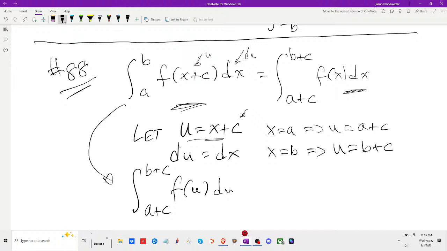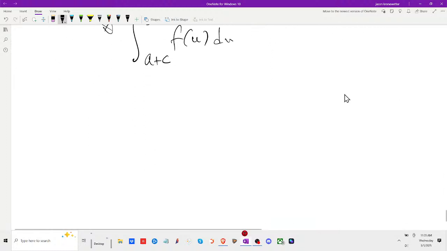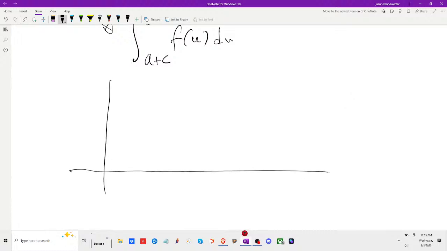Now we can draw the picture just to see what's going on here if you want to, a little bit, because it really just fell out real quickly. So we started off with a to b. Now if we were to add c to both, we have to decide what c is, some length. To make the drawing a little easier, let's make sure c is longer than this interval here.